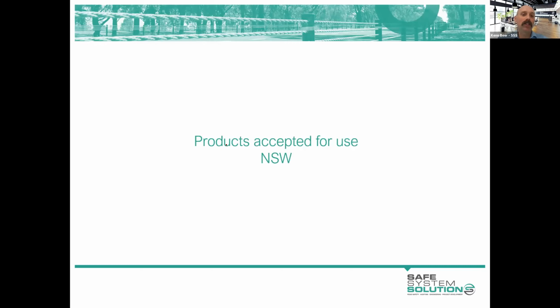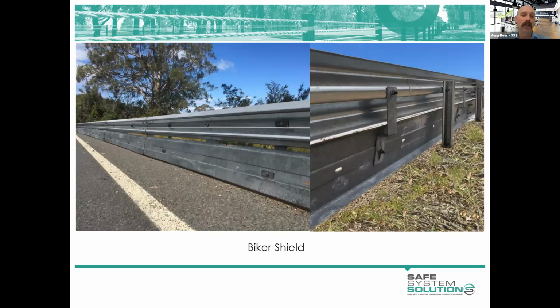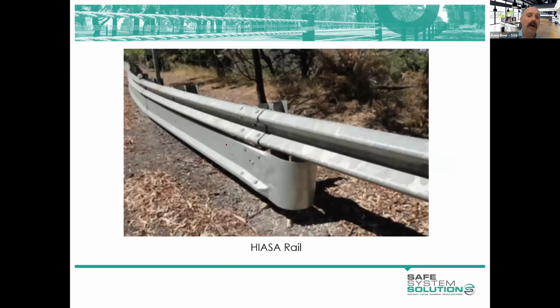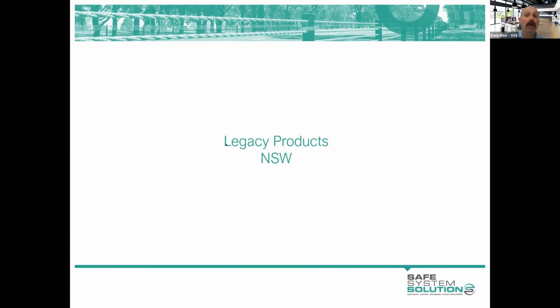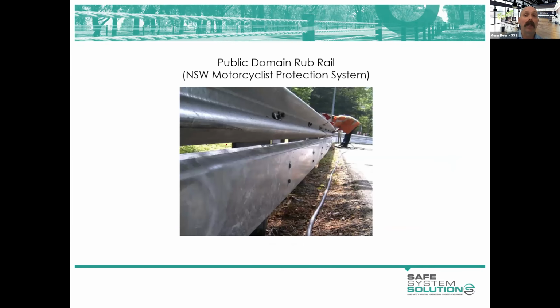So products accepted for use in New South Wales: Biker Shield on Ram Shield, Hyasa Rail, MPR on EasyGuard Smart or G4. Legacy products, the public domain rub rail system. So you wouldn't even use that on existing G4. You would use one of the proprietary products that has been tested.